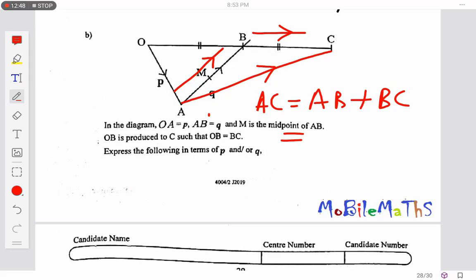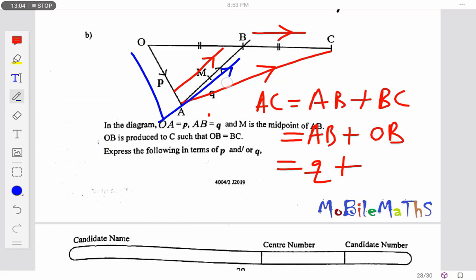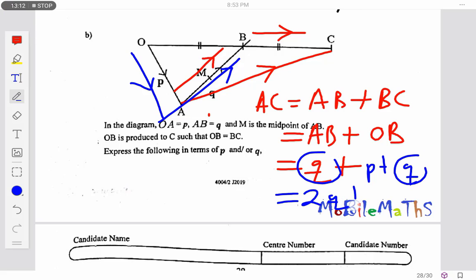So I can say this is AB plus OB. So AB is Q, plus OB. We have calculated OB, and we said we can even use it here. OB is P plus Q. So at the end of the day, we get 2Q, this one and this one, plus P. So that's our AC.